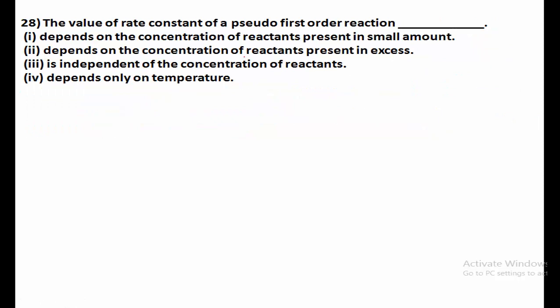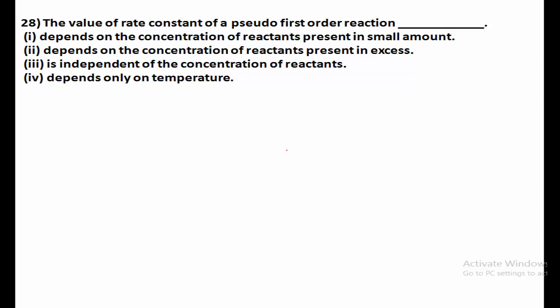Then 28th, the value of rate constant of a pseudo first order reaction. First, depends on the concentration of reactants present in small amount. Second, depends upon concentration of reactants present in excess. Third, is dependent on concentration of reactants. Fourth, depends only on temperature. So the pseudo first order reaction, if you take the inversion of cane sugar, acid hydrolysis, all those things, when one of the reactants is taken in large excess, then it affects the order of the reaction.